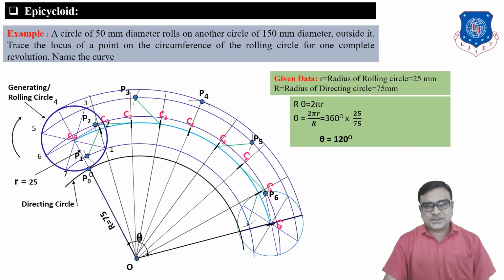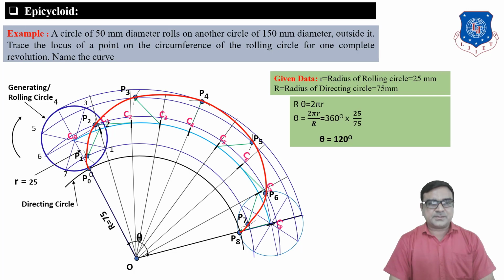Now C7 center, 25 radius, arc on 7, and last C8 center, arc on P8. So trace all the points passing from P0, P1, P2, P3, P4, P5, P6, P7, and P8 and trace the curve. This is known as epicycloid curve.